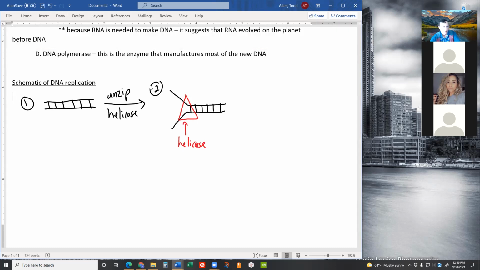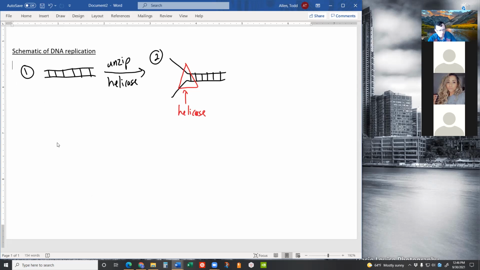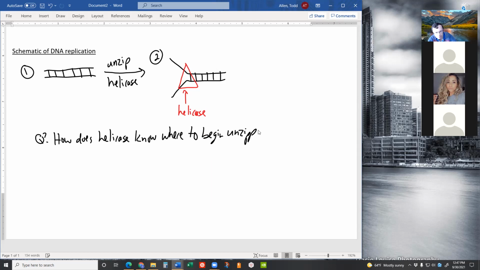So here's a question for you. How does helicase know where to begin unzipping the DNA?